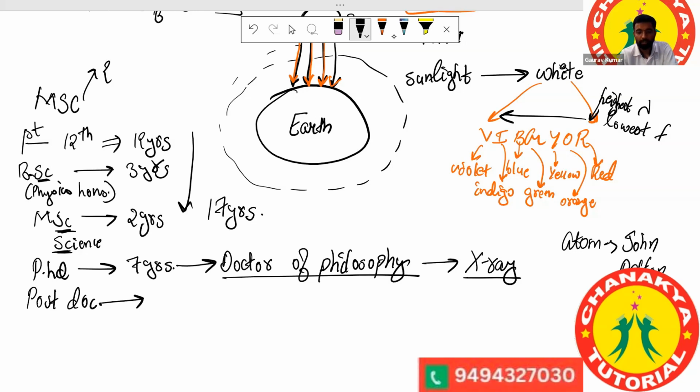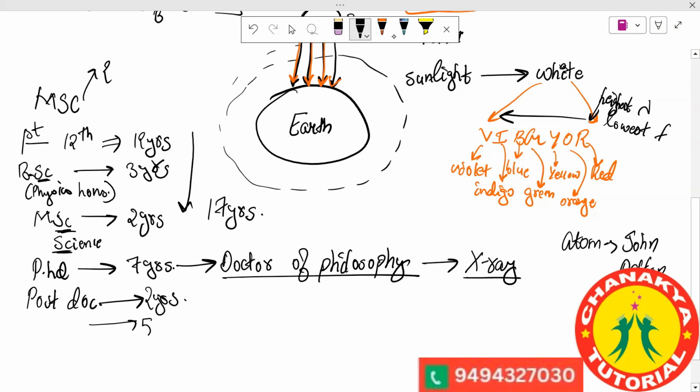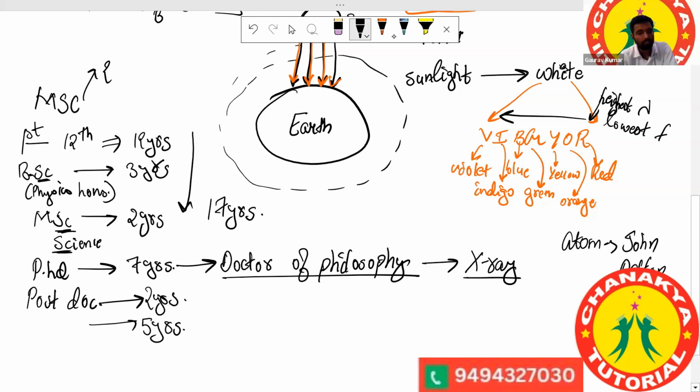If someone is doing 7 years of PhD, 2 years of postdoc, and let's say 5 years of other research, then if I total the number of years, 24 and 7, it is 31. 31 years.